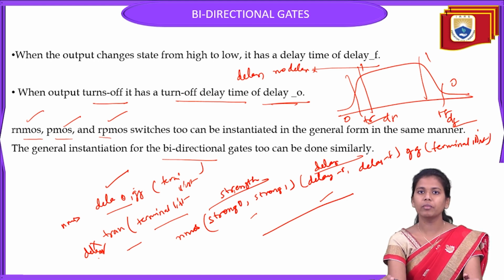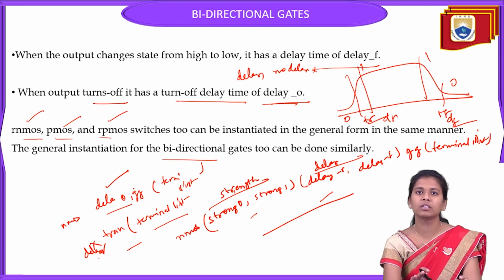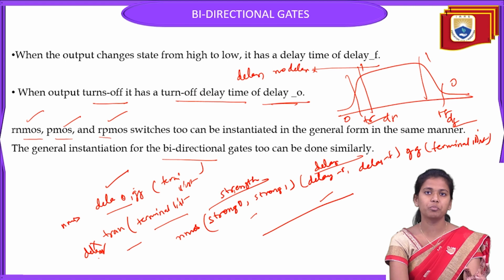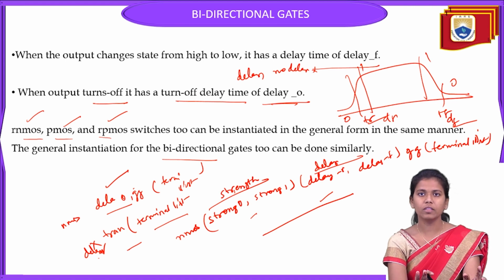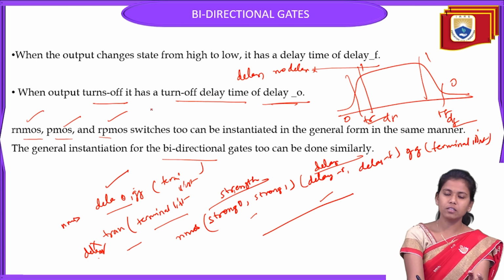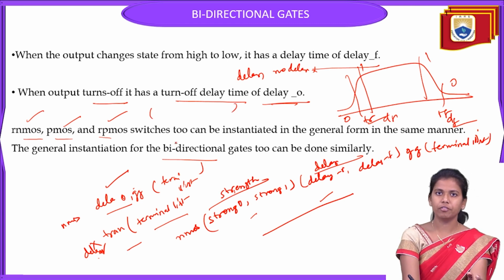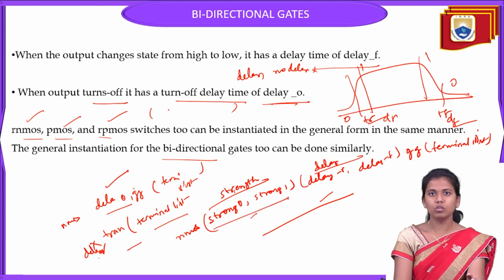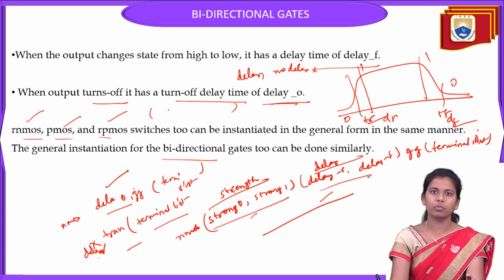When it comes to instantiating the signal strength or the delays, the only thing we have to do is represent it at the start itself. So if it is a signal strength, this is how we represent it. And if there are delays, this is what we have to represent.